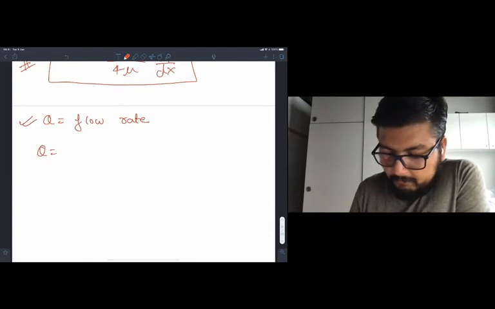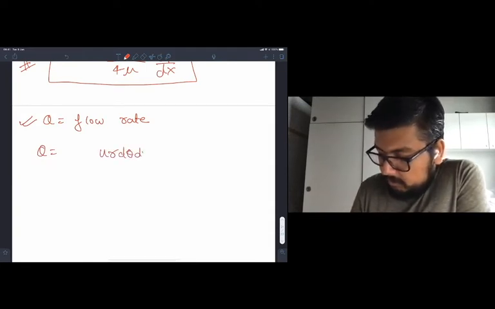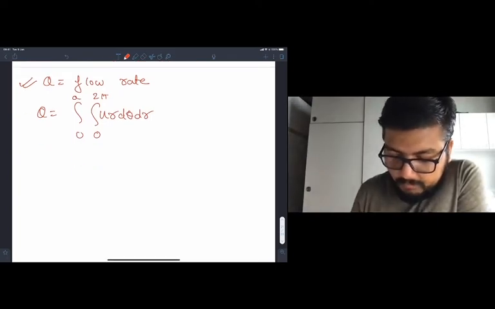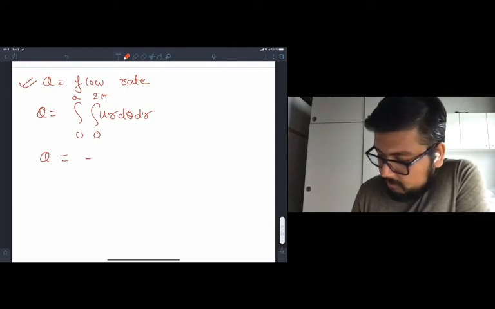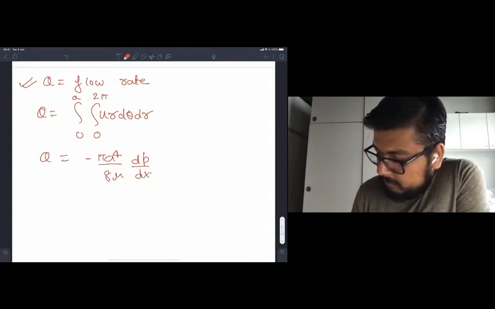The flow rate can be defined as an integral of u r d theta dr. So integrate over theta from 0 to 2 pi, and then integrate over r from 0 to a. And then if you do that calculation, you get Q equals minus pi a to the power 4 by 8 mu dp by dx.